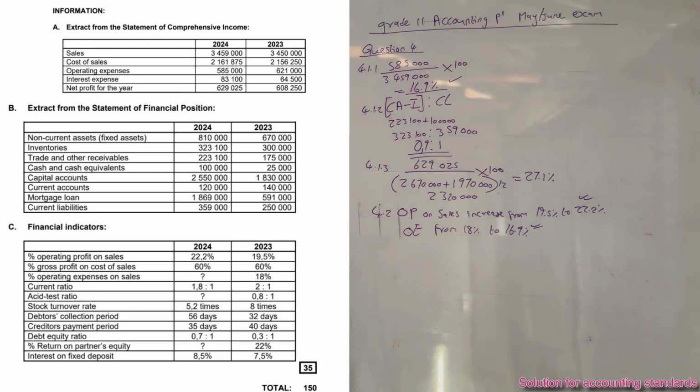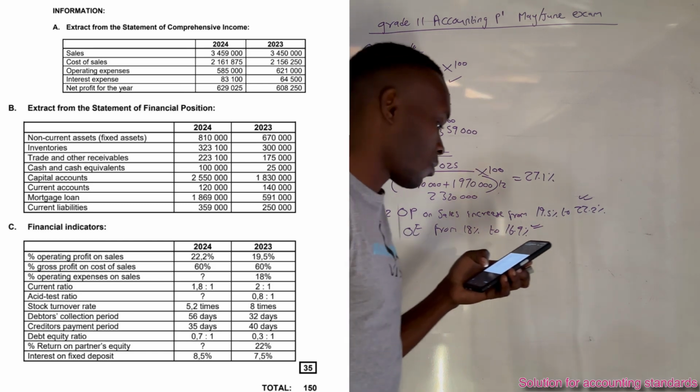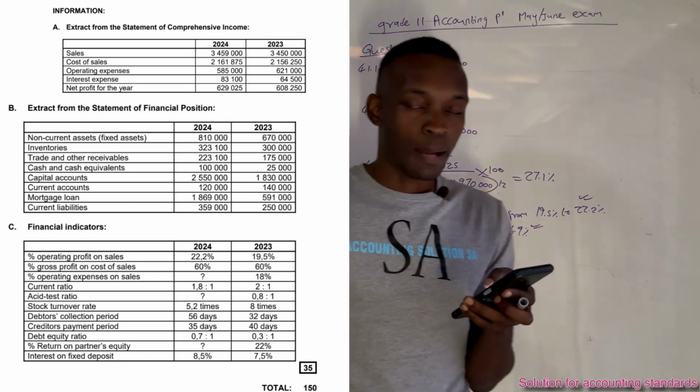Okay, the next one. The question said, explain how the business can improve their sales in future. Quote one financial indicator. Number one, we have to check gross profit on cost of sales, which is markup.